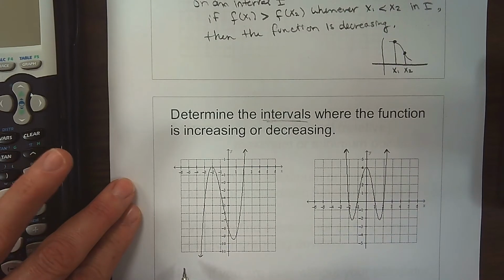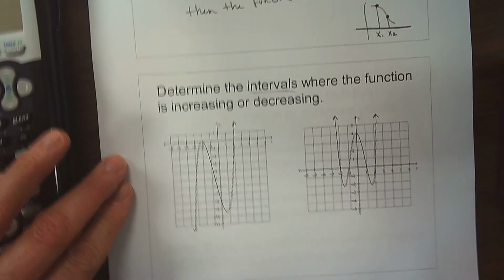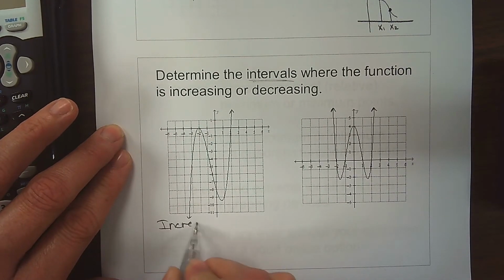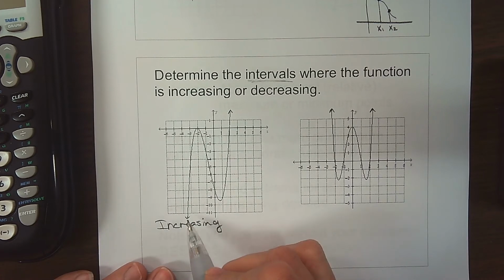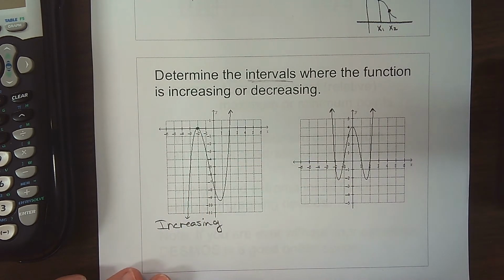If I want to state where it is increasing, let me write that, increasing, I'm going to use interval notation to denote that. Remember, this starts out by increasing until we get to this point right here.